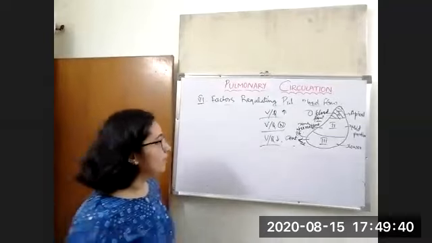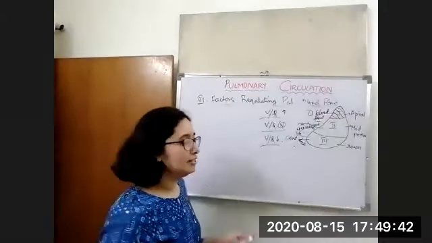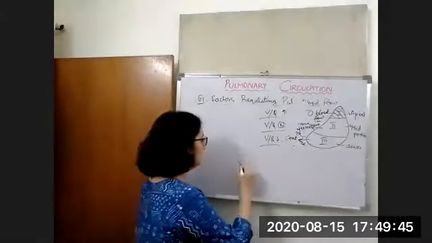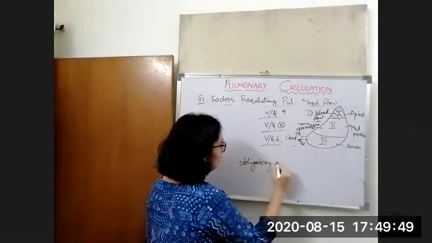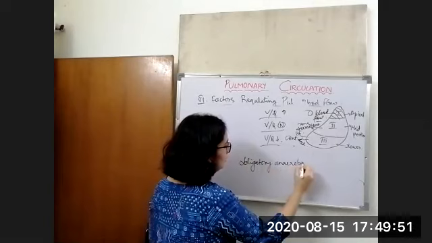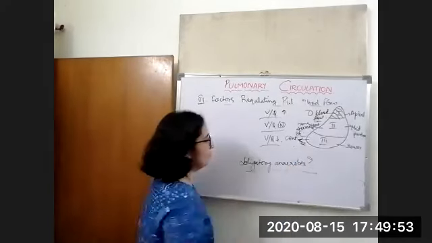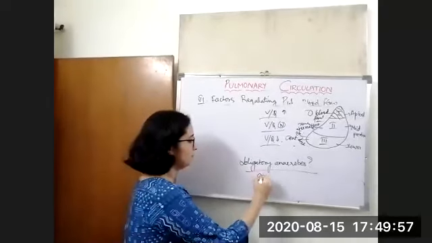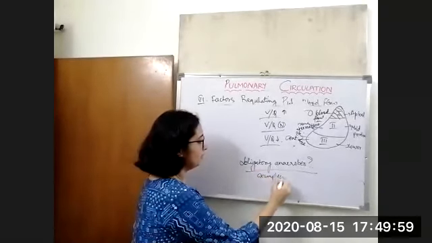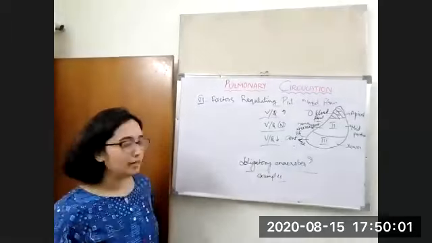Before ending it, I'll ask you the last question of this discussion. You have to tell me what are the obligatory aerobes. You have to give some examples of it. You write that in the comment section below.